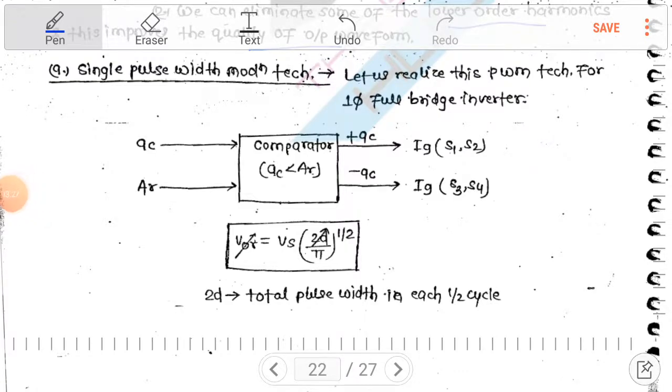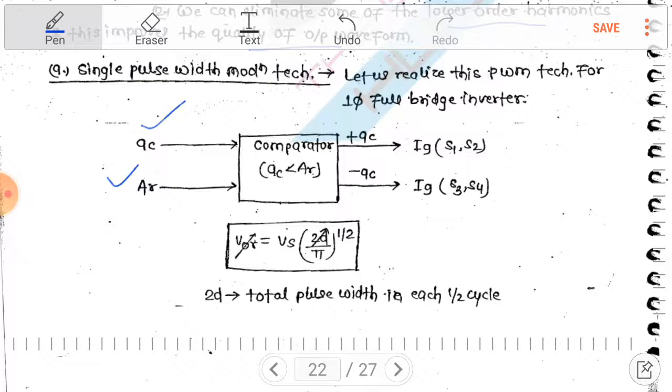To apply the pulse width modulation technique, we can realize a module in which we use a comparator, and there are two inputs, carrier and reference. Reference is what we have to convert into PWM. Reference can be square wave or sinusoidal, and the carrier may be single pulse or multiple pulse according to the requirement.